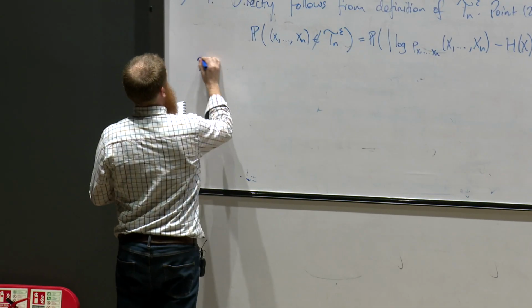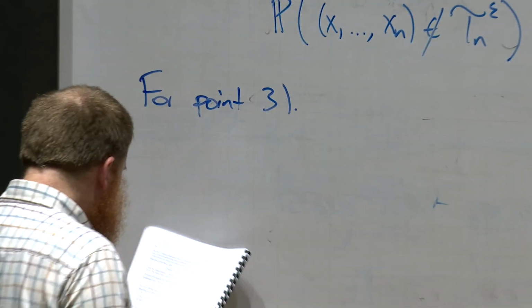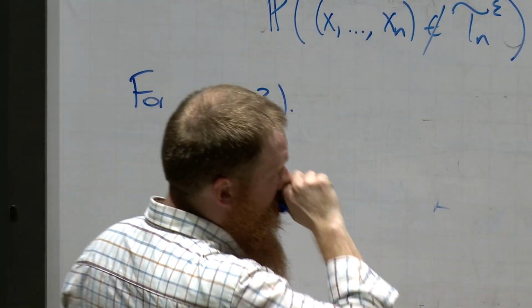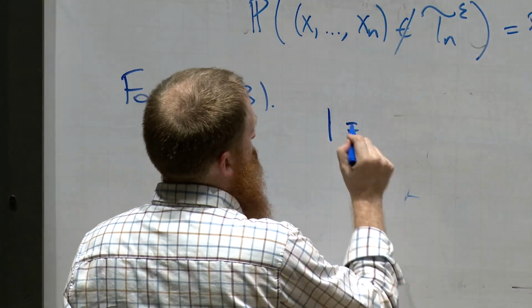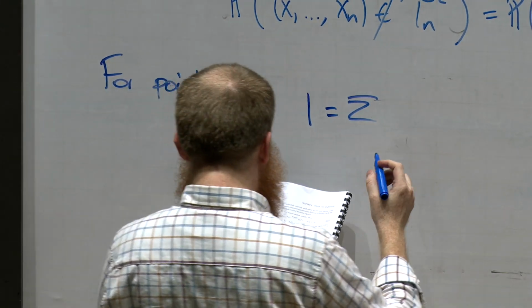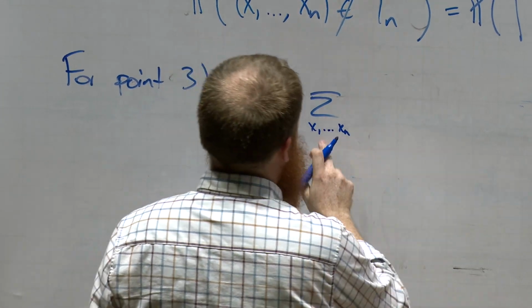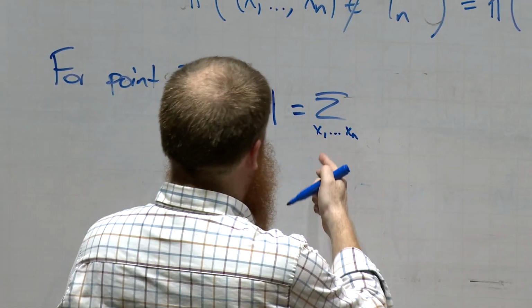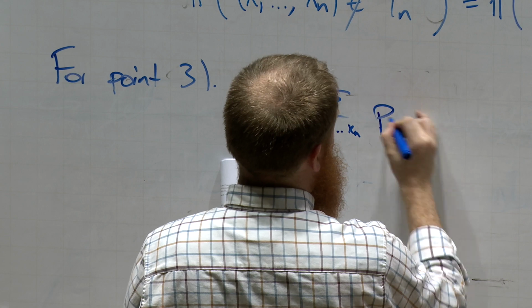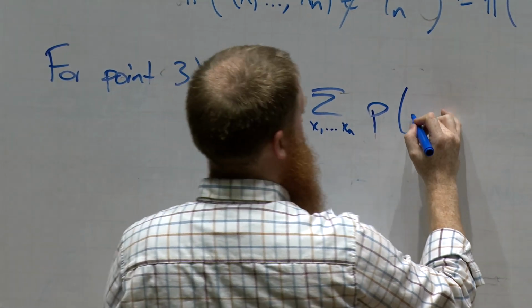Okay, so for point 3, what do I need to do? Well, let's calculate some probabilities. So 1 is the probability, if I think about a sequence x1 through to xn, if I sum over all possible sequences I could observe, I must have probability 1. I'm just not going to write this subscript because I'm lazy.